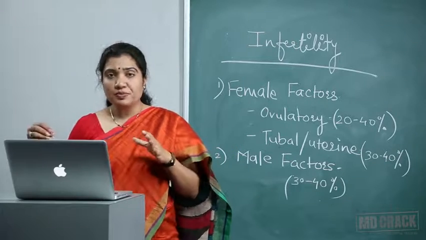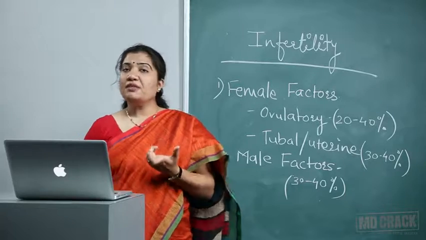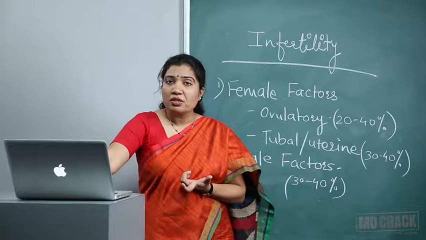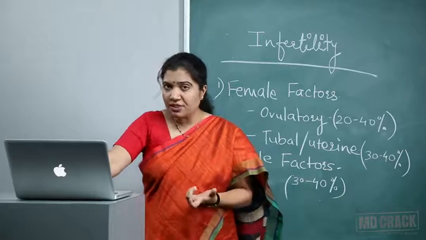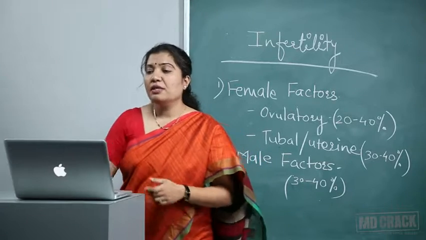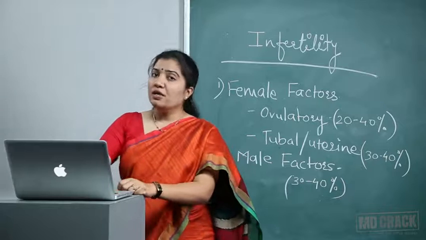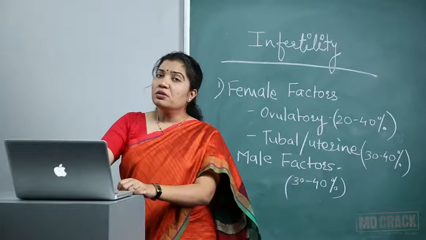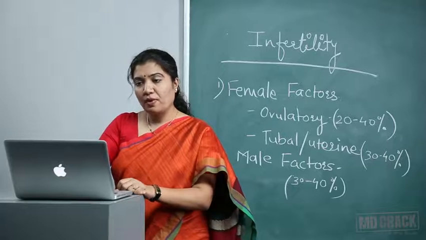If the sperm can penetrate cervical mucus more than 3 cm in half an hour, the results are good. But if the penetration is less than 3 cm in 30 minutes, then the penetration is abnormal and there can be presence of anti-sperm antibodies, or there is some problem with the sperm motility.